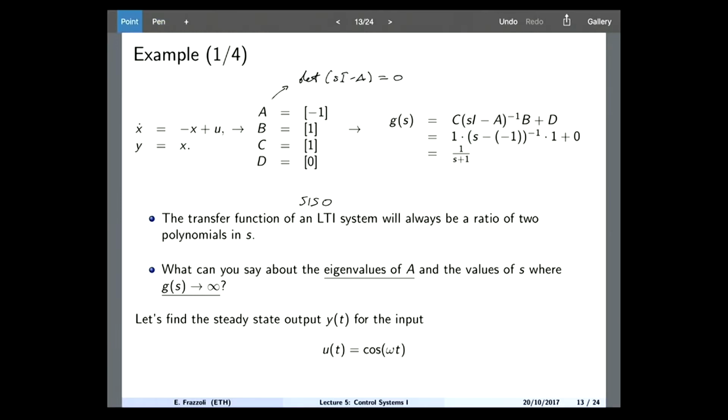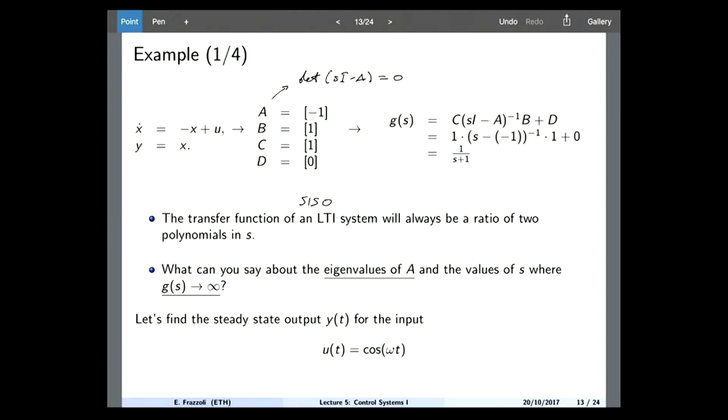The determinant of sI minus A, in general, would be a polynomial, which is called the characteristic polynomial. If I set this polynomial to 0, this is called the characteristic equation. The solutions of this characteristic equation are actually the eigenvalues of the matrix A, okay? This is linear algebra. Probably you have already seen this.